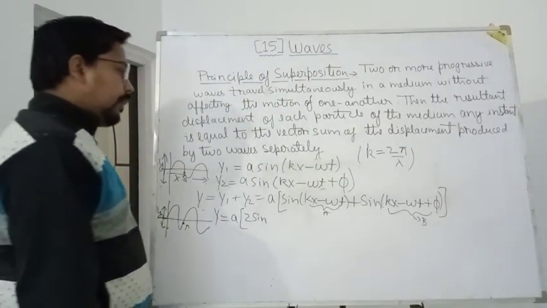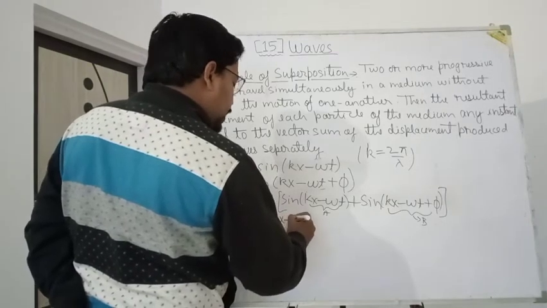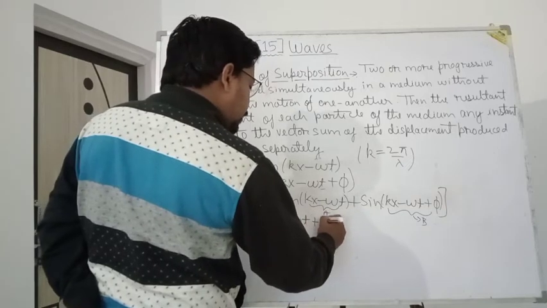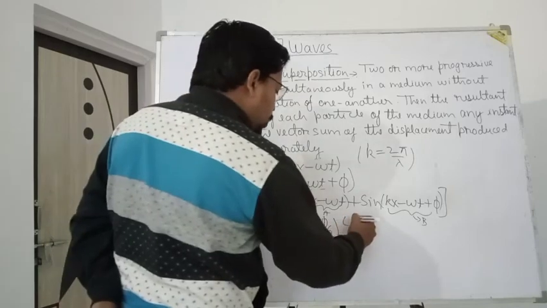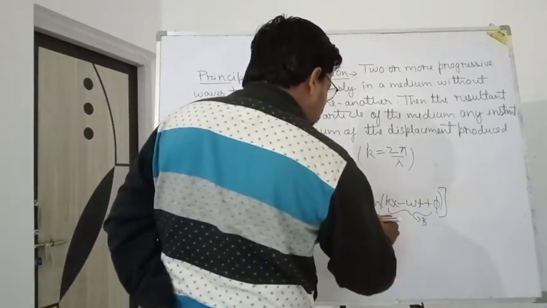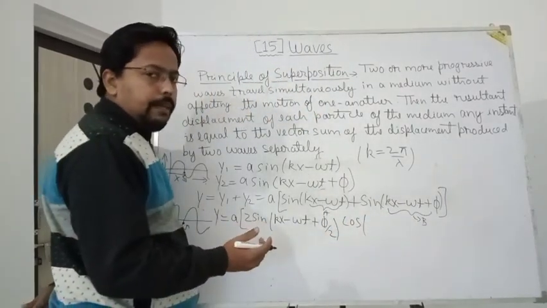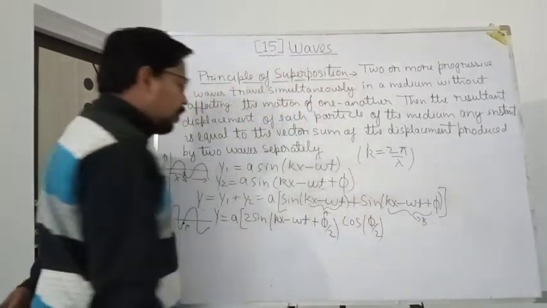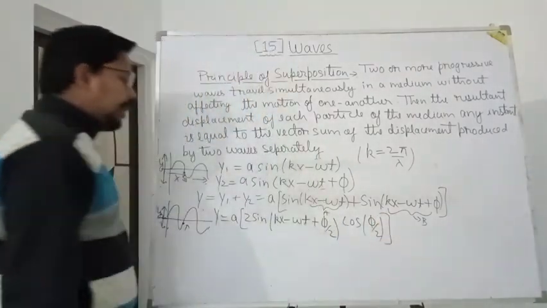So how much will you be getting? kx minus omega t plus phi upon 2, and into cos of (A minus B), that means phi upon 2 minus minus phi upon 2 it will come. But since we know that cos of minus theta is equal to cos theta, I am writing directly phi upon 2.